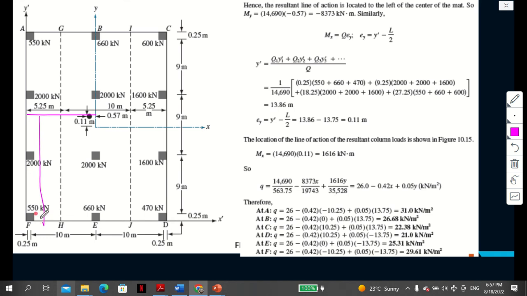So according to this, that is 13.75, and it's in the positive direction. And for the x, because this is the centroid, this is going to be the negative direction. So just one example there. You can check the rest to see that you're able to understand.